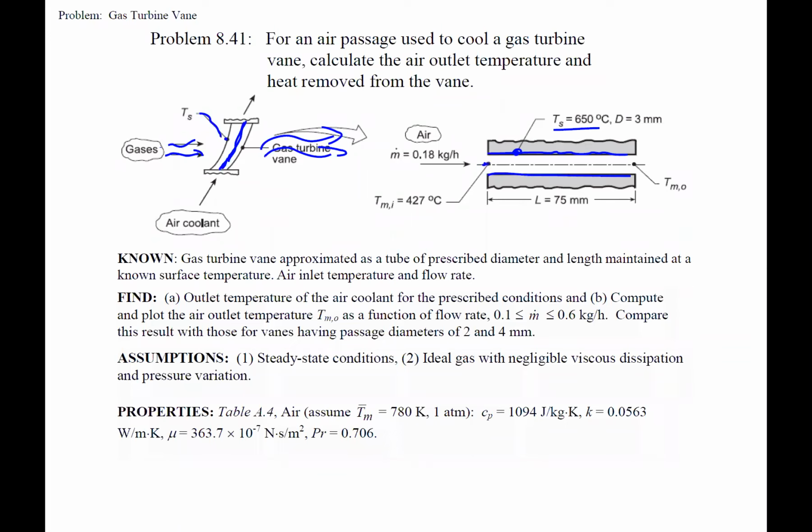We have our inlet temperature given, mass rate given, and we're looking for the outlet temperature. We're also looking for the rate of heat removed from the vane. So we want the outlet temperature and the heat.